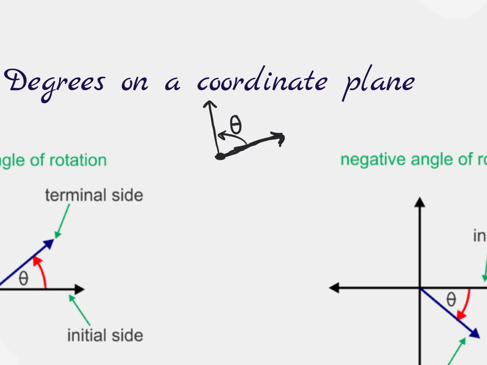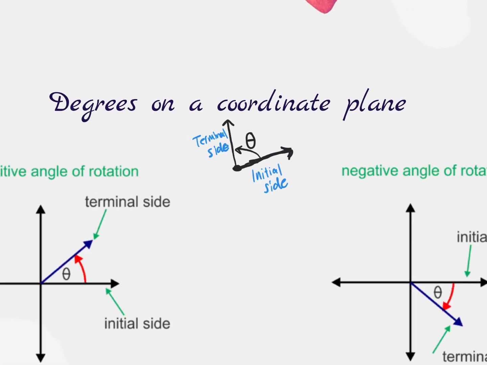But the reason I drew this first is just to label each part of this. The ray that you start at initially is called the initial side. And then the ray that you end at is called the terminal side. So nothing super crazy there.